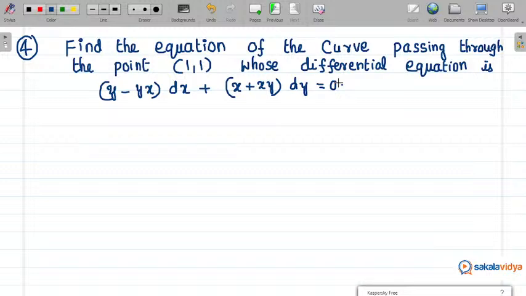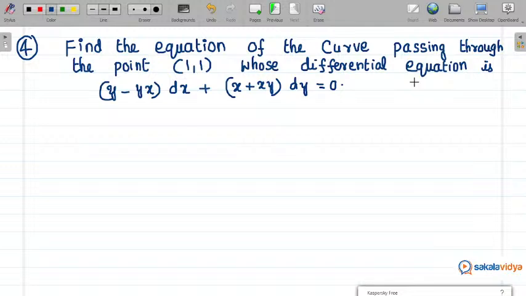So that means here the differential equation of the family of curves is given, that is (y − yx) dx + (x + xy) dy = 0. If the curve passes through (1, 1), we need to find the equation of that curve. We need to find the equation of the curve which passes through (1, 1) and whose differential equation is given. So just solve the differential equation.